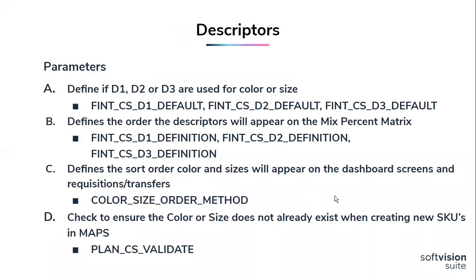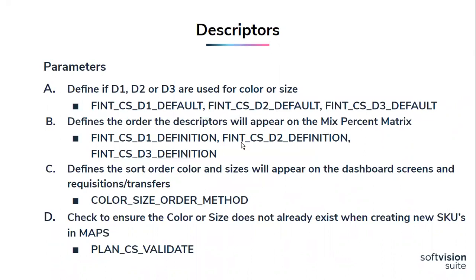So getting started, parameters. There are four main parameters that are used in conjunction with data that is interfaced over to us. So color and size within interfaces are referred to as D1, D2, and D3. And our first descriptor basically tells us, is that descriptor being used for color or is it size information? So that is how we define that interface.